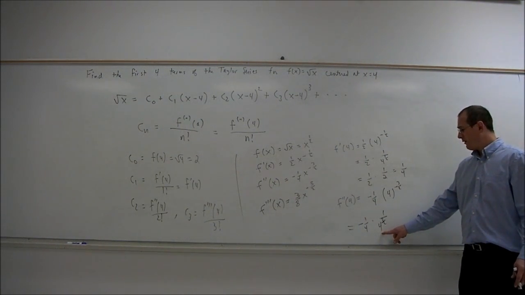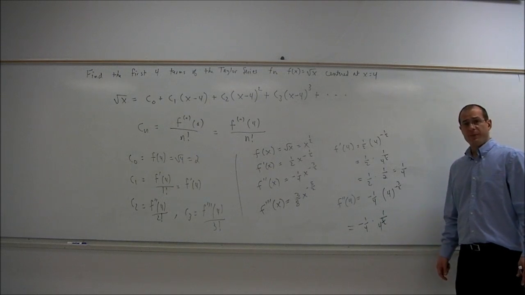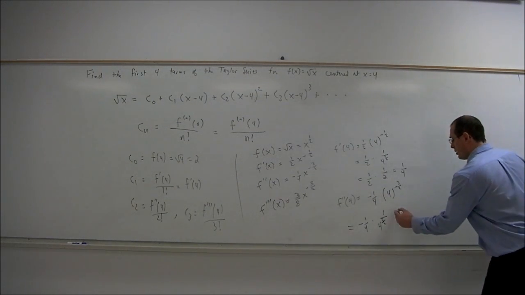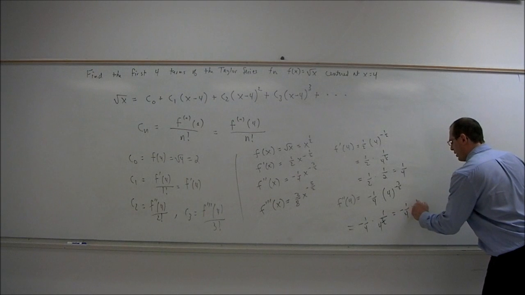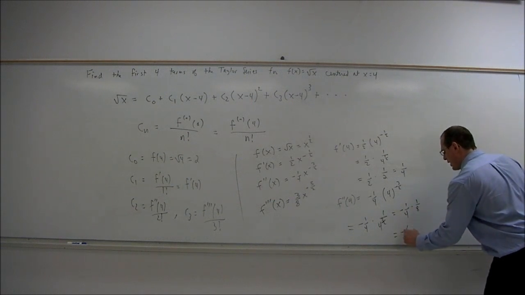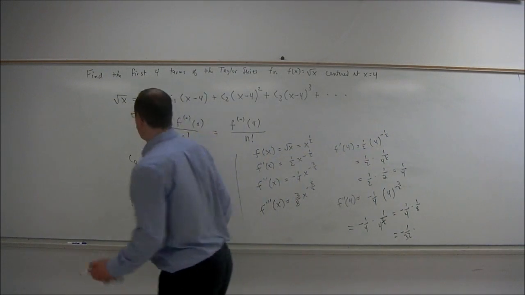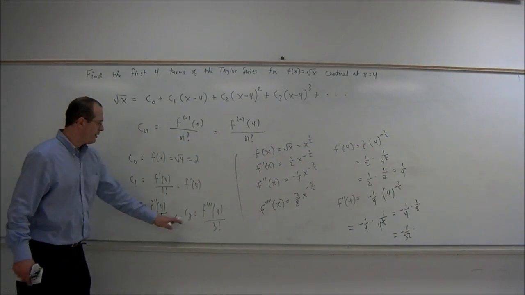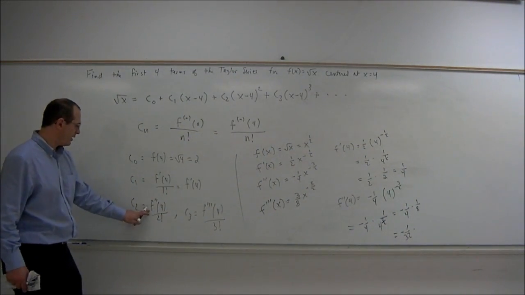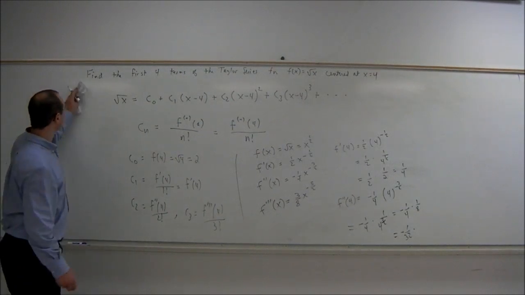So we get negative 1/4 times an eighth, that's negative 1 over 32. So that's going to be the numerator for c2, f double prime of 4.